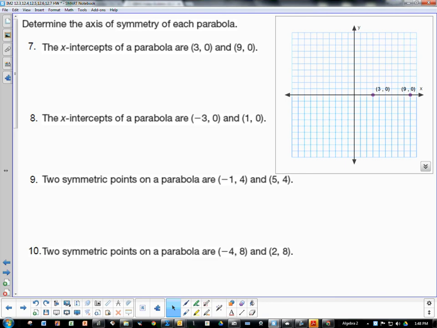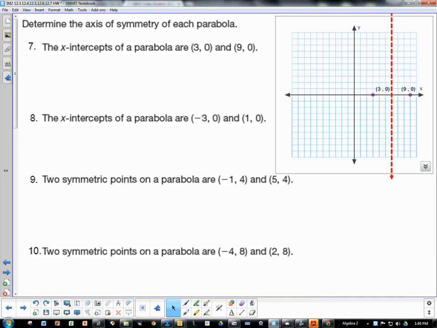Now, the way that a parabola works is that a parabola is going to be symmetrical about those. So this axis of symmetry, think about it. If I have an axis of symmetry, this axis of symmetry must be directly where? Right in the middle.